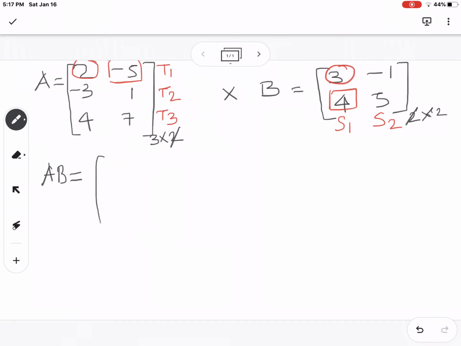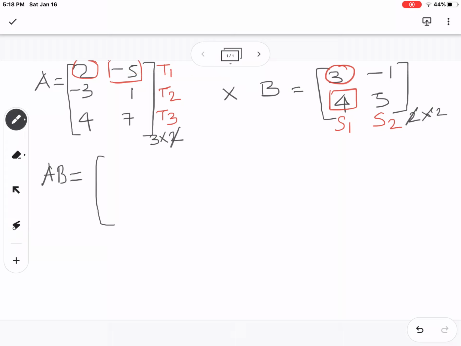Now, let us take the multiplication. Basically, the train has to pick up all the passengers. Train 1 has to pick up all the passengers from station 1. So what you need to do is multiply the circle with the circle, and add it with the square with the square.